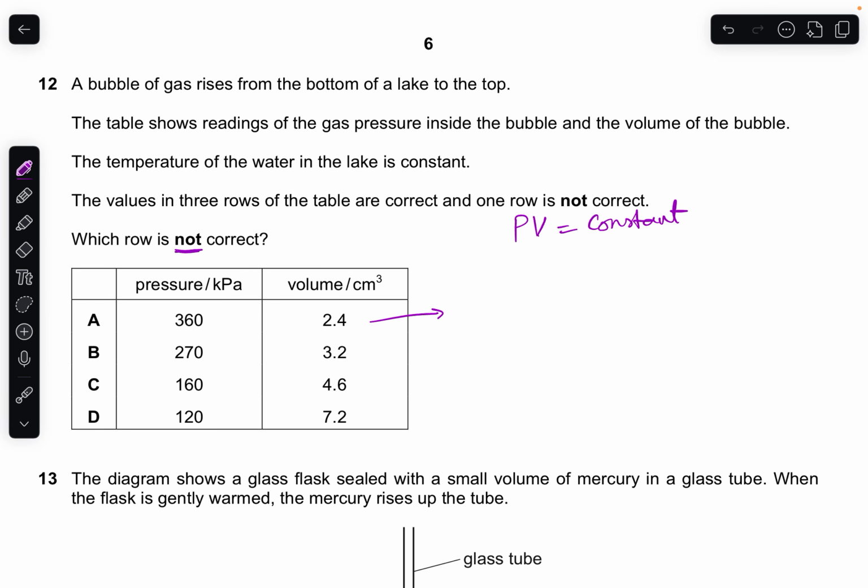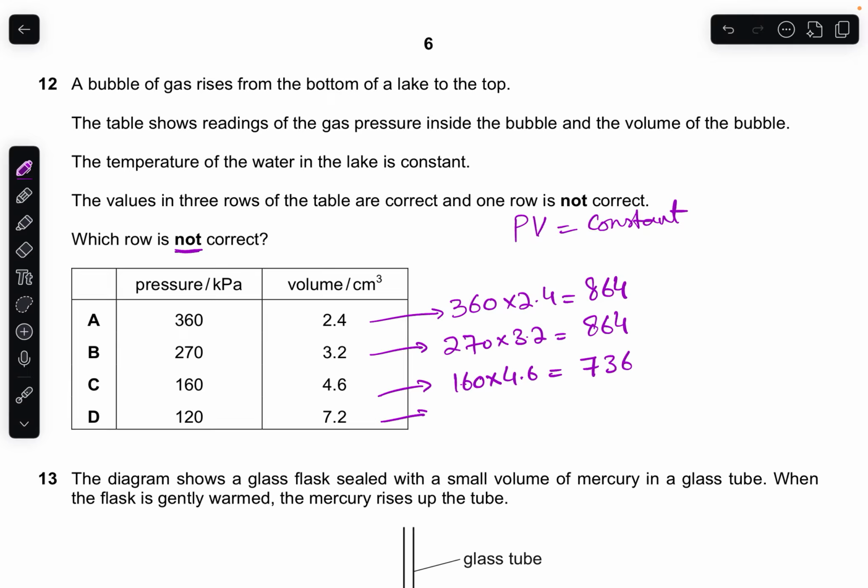Let's work it out. 360 into 2.4 gives 864. 270 into 3.2 is equal to 864. 160 into 4.6, no, you are getting a different answer, 736. And 120 into 7.2 is 864. So only this one is different from all of them. So this is wrong. You have to choose the not correct one.